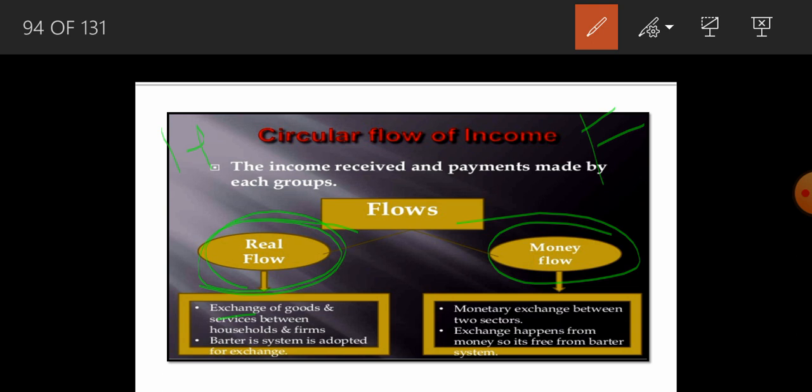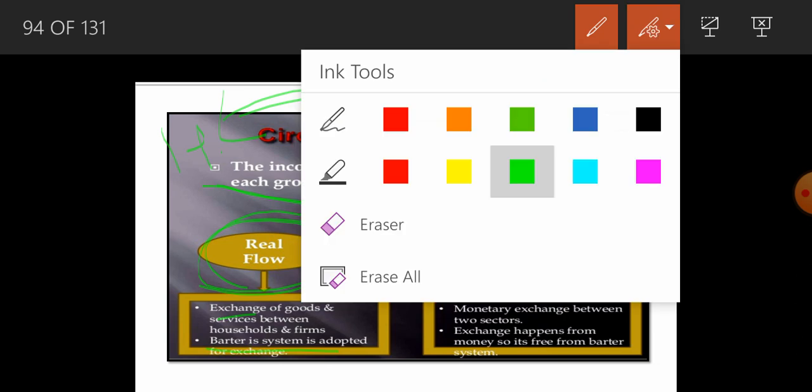I can give a good example of it as the barter system, because in the barter system also there is only the exchange of goods and services. Like the household has given its land, and in return they have given the goods, right? So in this way there is no involvement of money, but there is an exchange of goods and services. Fine. So I hope it's clear.